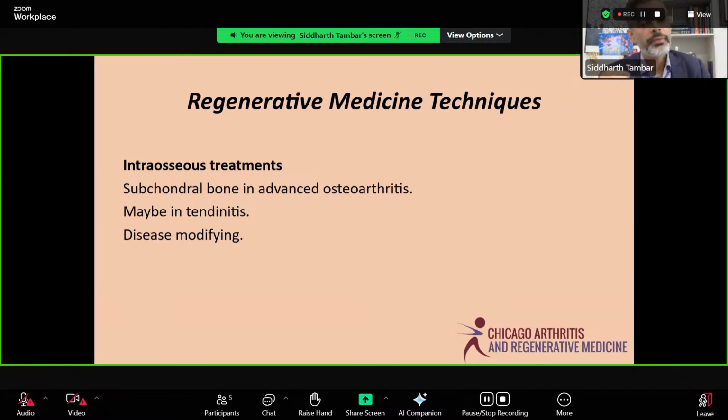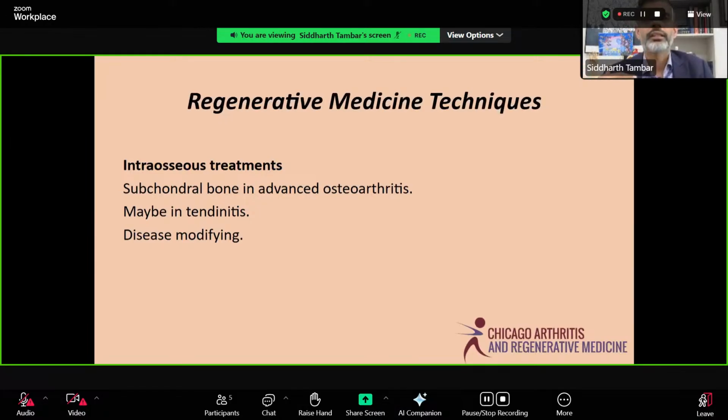Some other things to keep in mind, what we've come to understand is that in people that have moderate to more advanced arthritis, including for things like the knees, the hips, the ankles, the shoulders, treating the bone itself can be very useful and actually give a better result. Over time, we may be doing that for more significant tendinitis as well.